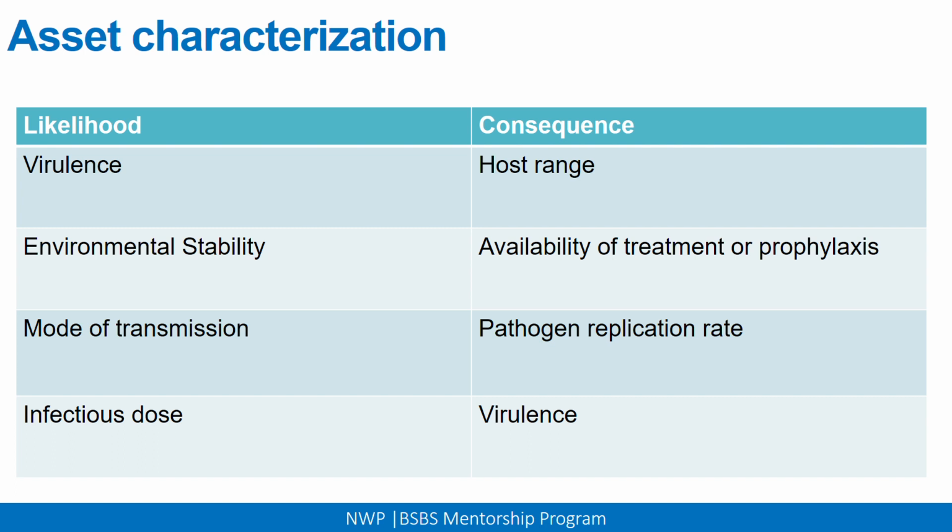Also, the risk of theft is increasing because this one is more valuable. The more valuable the pathogen, the more chances that someone will want to get it, and therefore the higher the risk of theft, misuse, and diversion.